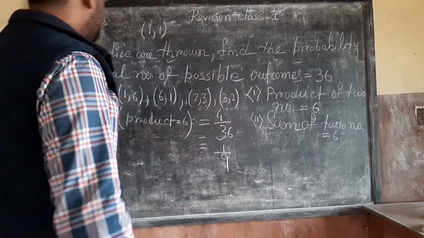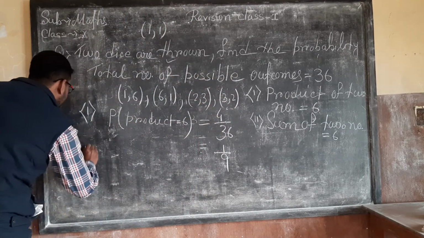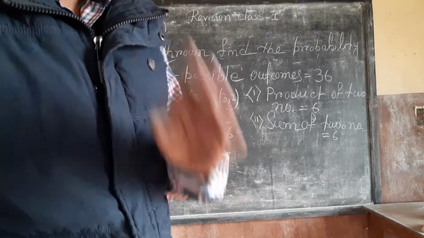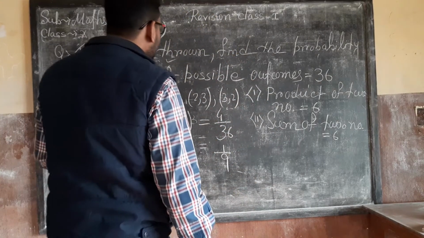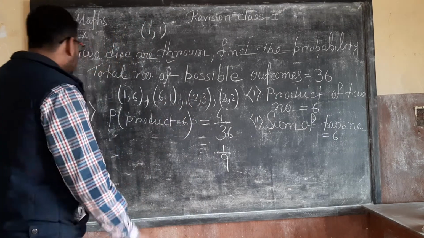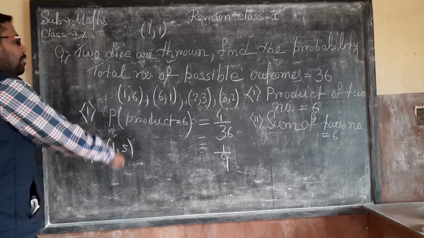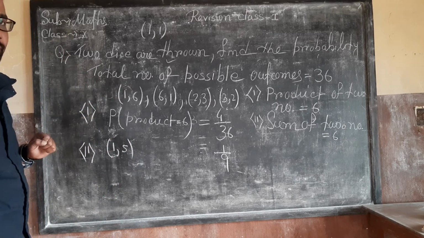And the next one is the sum of the two numbers. The sum of the two numbers: we consider 1, 5. The sum of these two produces 6.